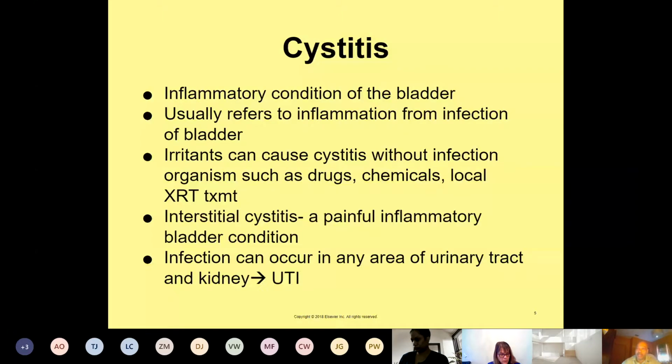You have some females who may not be aware that you're not supposed to wipe from back to front. And so if you wipe from back to front, then you're dragging that organism into the vaginal area, which is, of course, where the urethra is located.